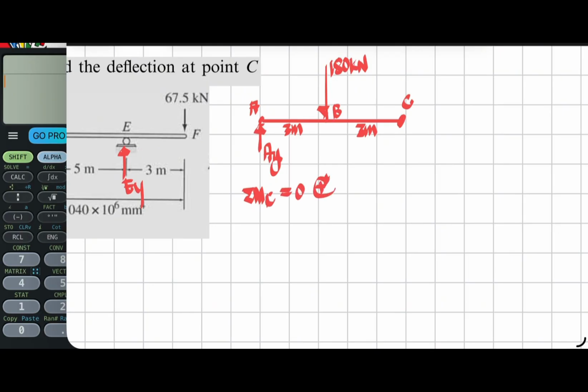Assume clockwise positive, AY times 6 is equal to 180 times 3.